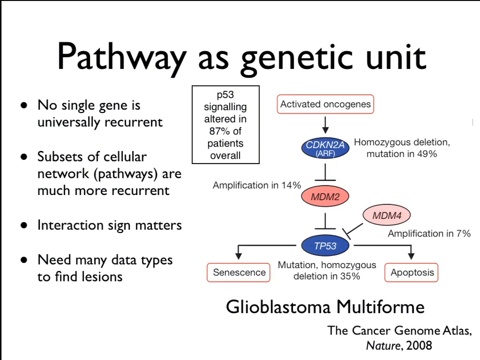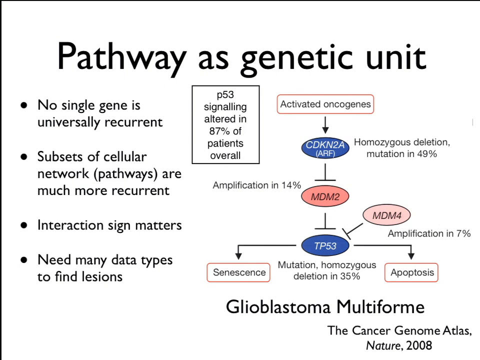The gene CDKN2A is highly perturbed, and this is seen, but it still doesn't explain all of your samples. So you have to see what's going on in order to find out how the pathway is perturbed. And the inference matters a lot too. Knowing that MDM2 is an inhibitor of p53 tells you that it's probably going to be amplified rather than deleted. So signaling can tell a lot about what type of alterations to expect.